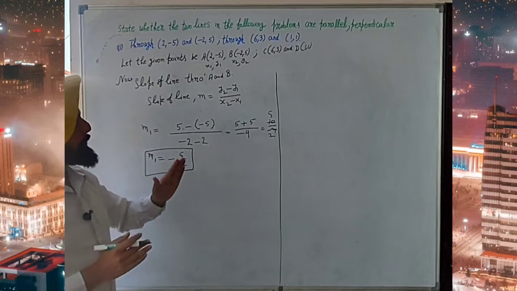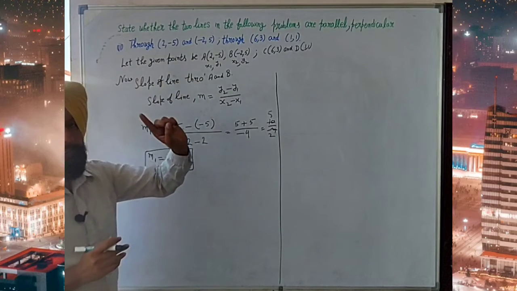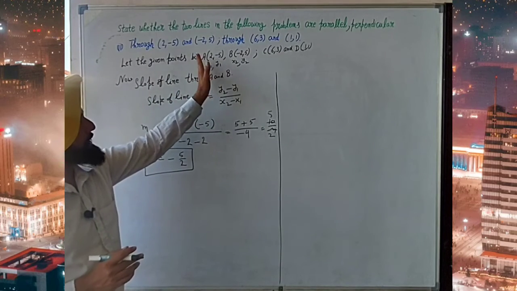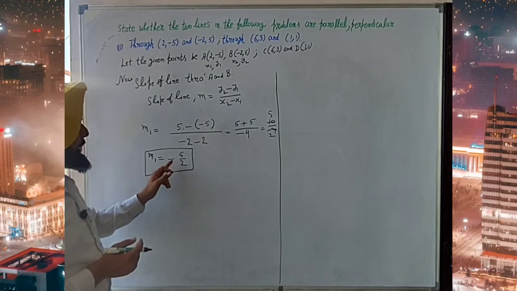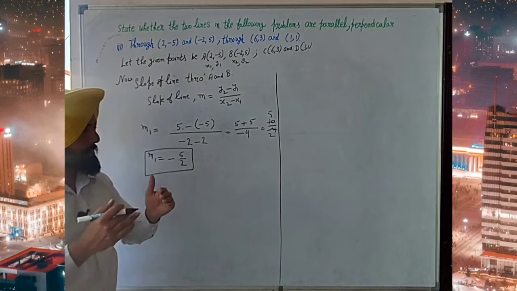So the m1 slope of the first line through these points A and B, we have m1 equal to negative 5 over 2.